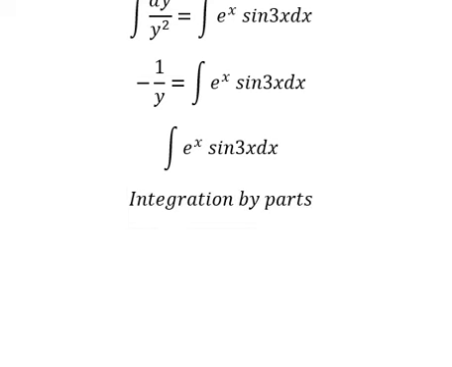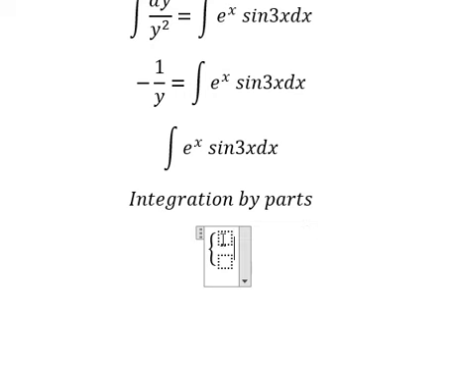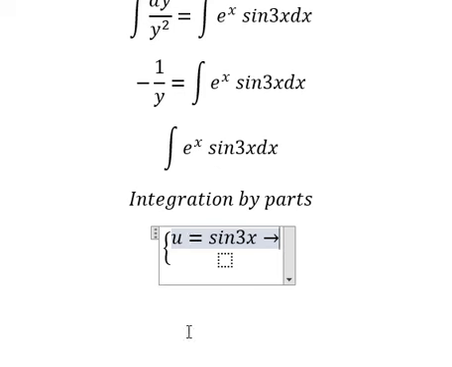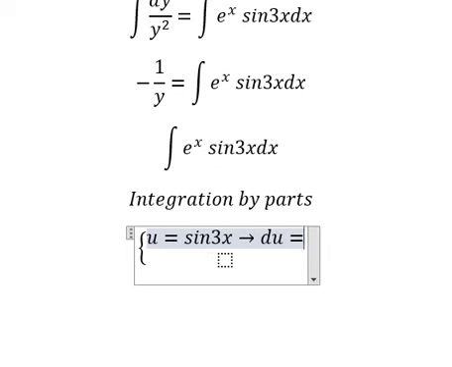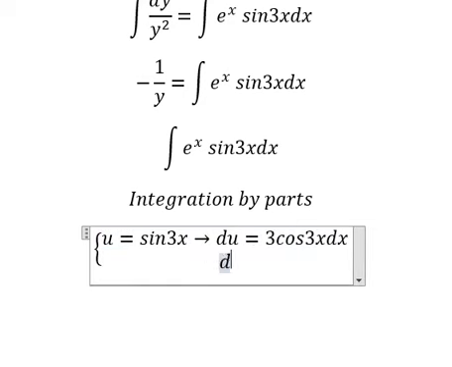So I will put u equal to sin 3x. We need to first take the derivative on both sides, and we have 3 cosine 3x dx. dv is e to the power of s ds.